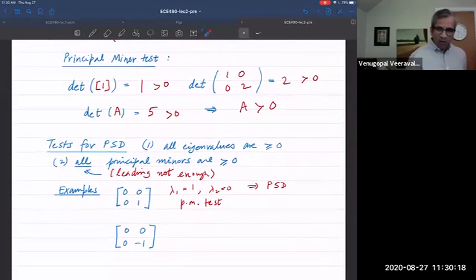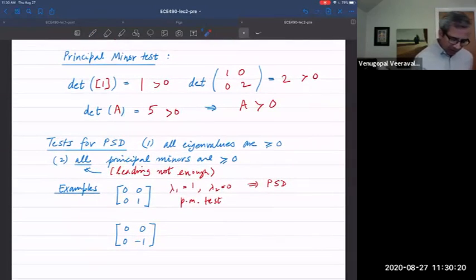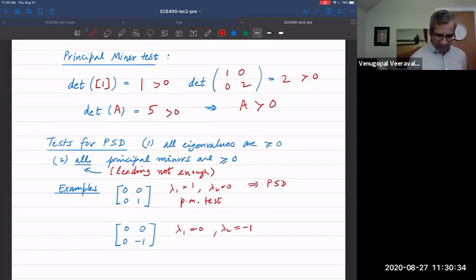Okay. What about this matrix here? In this case you can easily show that lambda 1 equals 0 and lambda 2 is minus 1. So we know that this is not PSD, right?